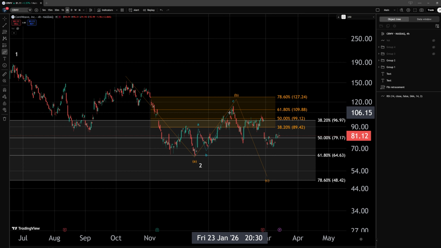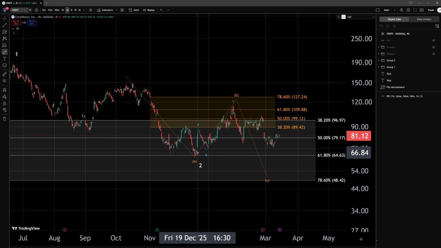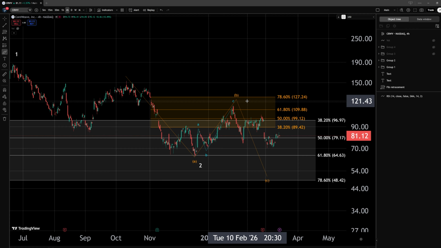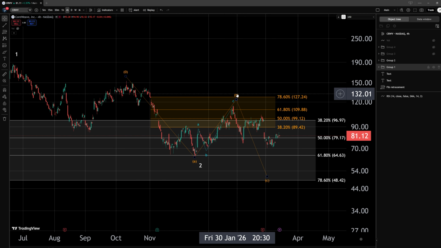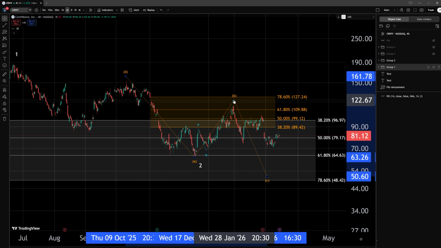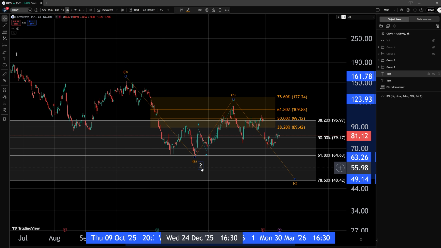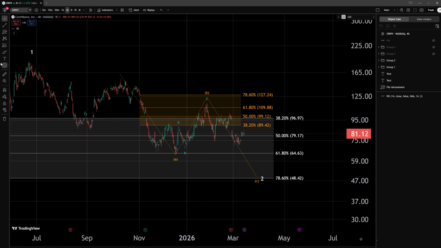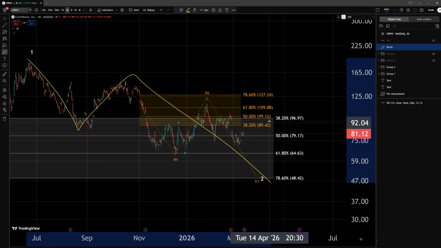Now, since we have a 3-wave pattern already in place, we need nothing more for this to be considered a complete wave B correction. It is fully prepared to extend in a supposed wave C to the downside, and yes, this could still work out, technically part of the larger wave 2 in white within something like a WXY pattern.